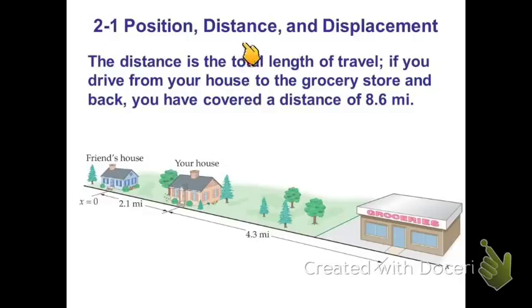Okay, now let's define distance. Distance is the total length of travel. For example, if you drive from your house to the grocery store and go back to your house again, you have covered a distance of 8.6 miles, just twice the distance between your house and the grocery store, because you cover this part of the line twice.